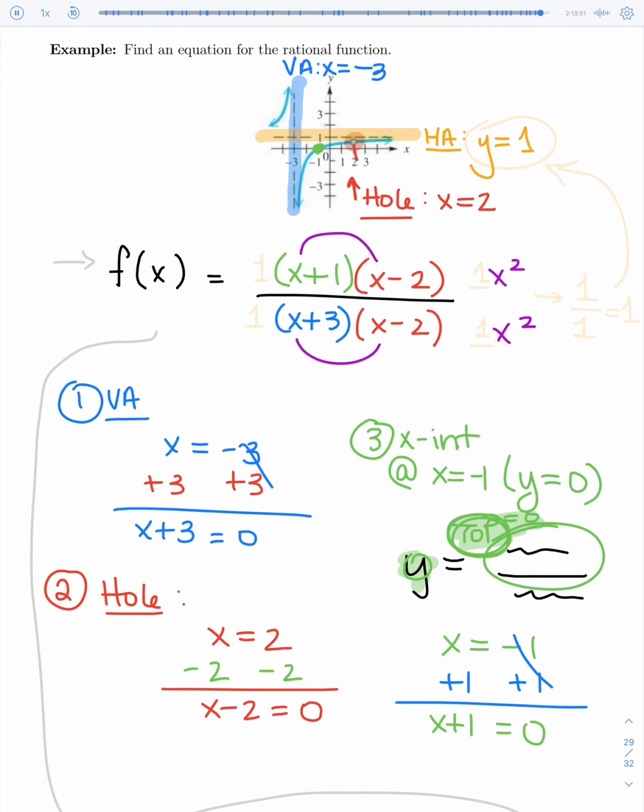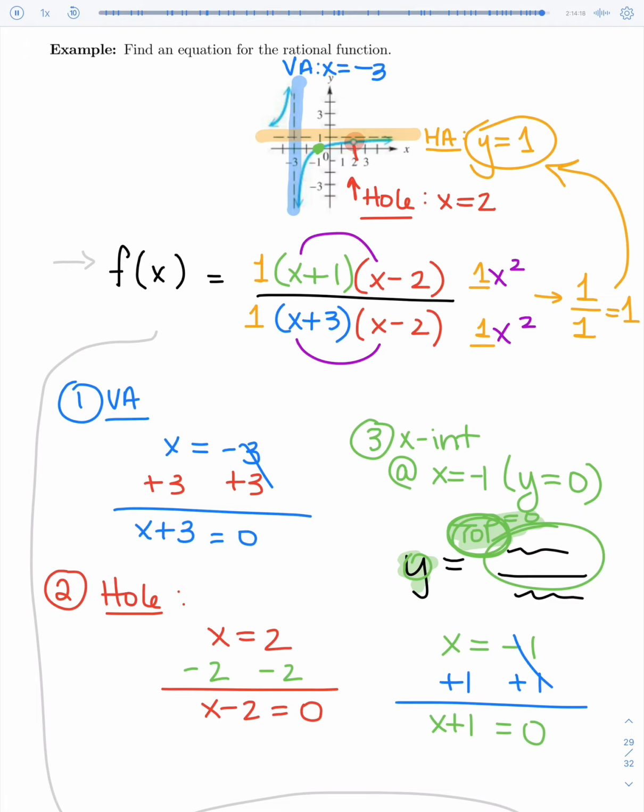Which means that the coefficients out in front of our leading terms need to reduce to 1. The easiest way to do that is to make sure that they both have a 1 out in front. So that when we take the ratio to find the horizontal asymptote, we end up with 1 over 1, which is 1, which is what we have on our graph.